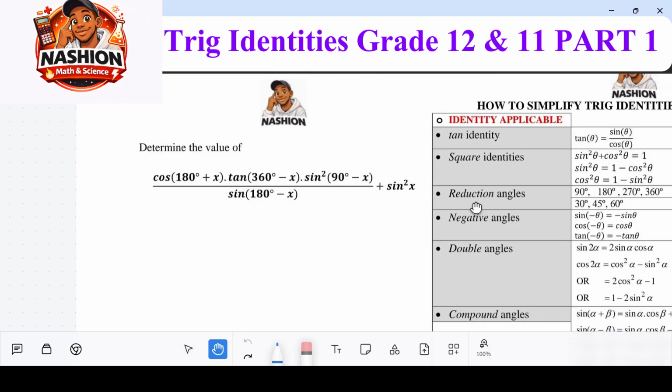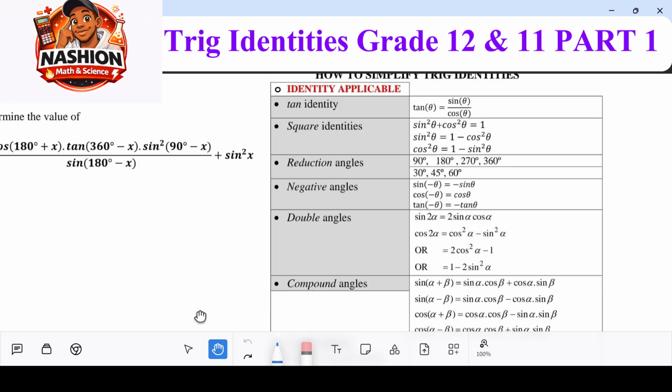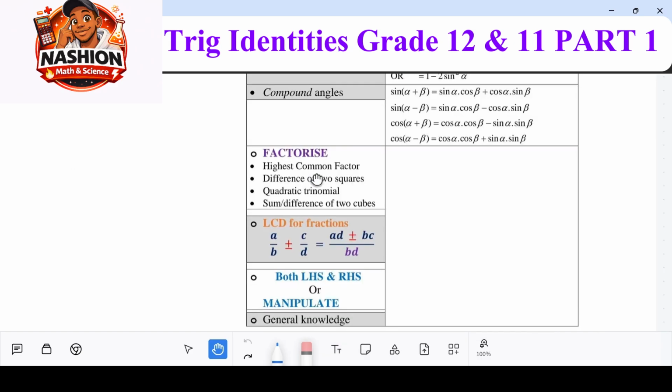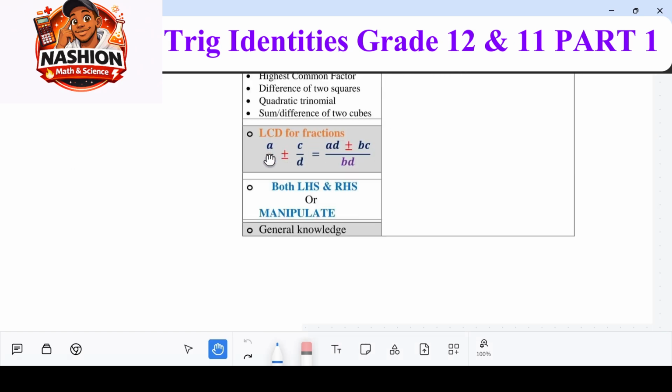Now let's do some past exam questions, and this is our first question. As we do each question, we will check which identity is applicable. Sometimes we will factorize where applicable. If we are adding 2 or more fractions, we are going to be applying the LCD, lowest common denominator. In some questions, we may need to simplify both the left-hand side and the right-hand side to prove the identity.